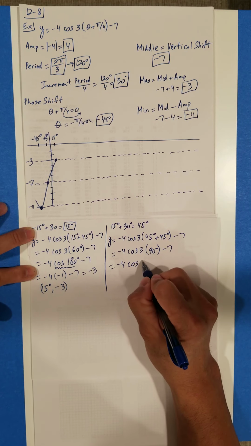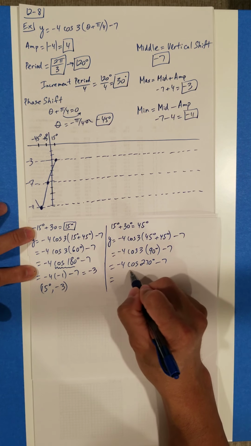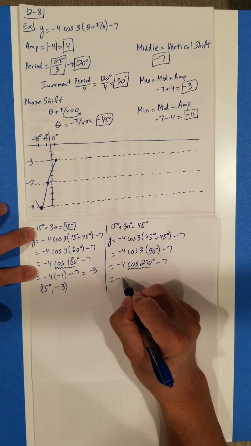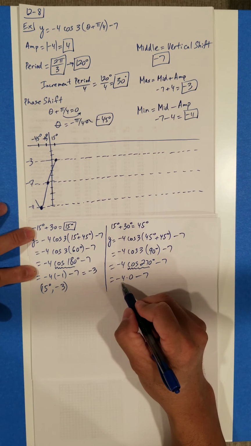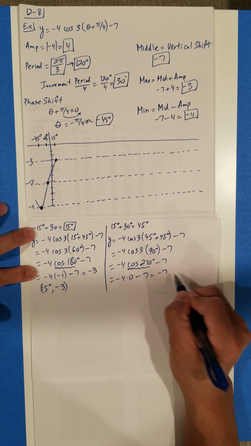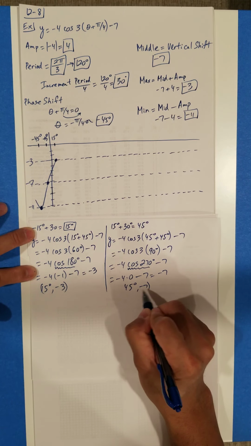Cosine of 3 times 90 is cosine 270 degrees, minus 7. Negative 4 times the cosine of 270, guys. Cosine 270 is 0. Negative 4 times 0 minus 7. So that equals negative 7. 45 degrees gives me a height of negative 7.